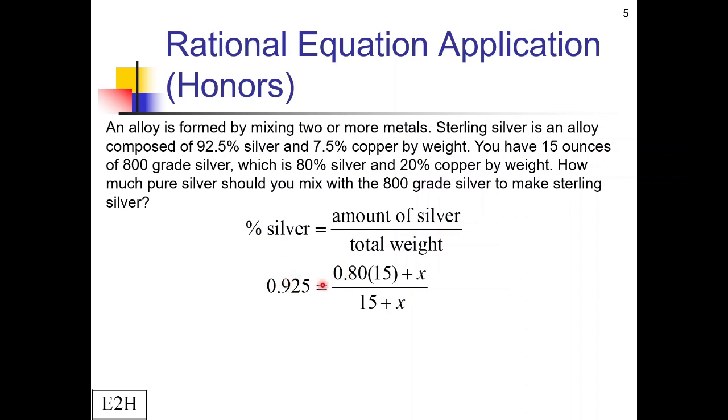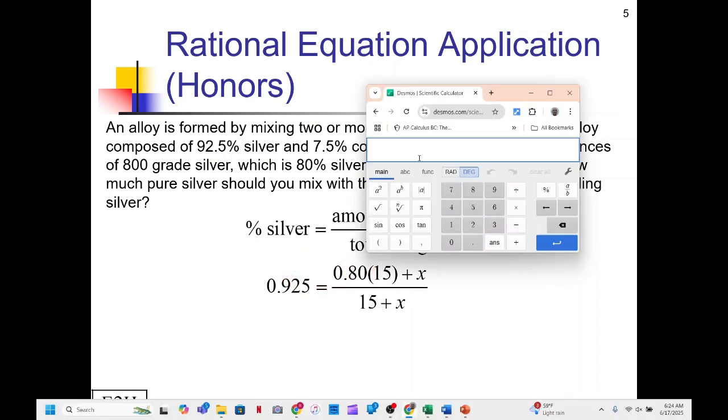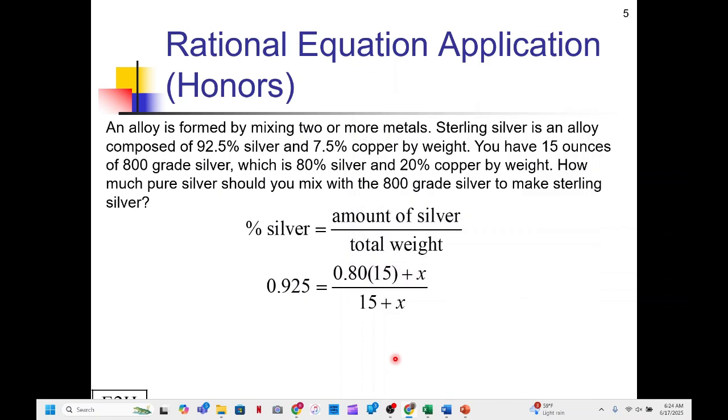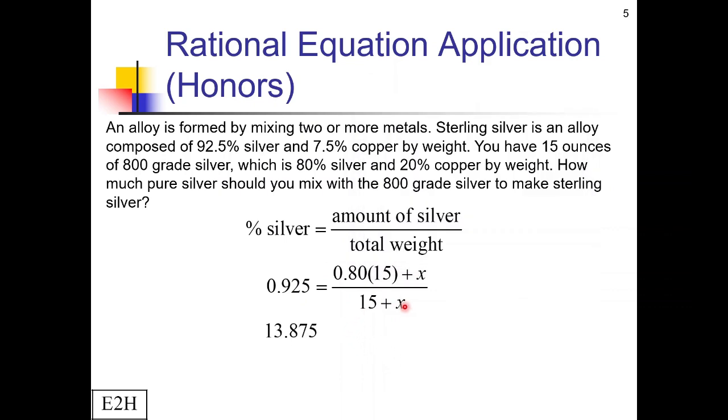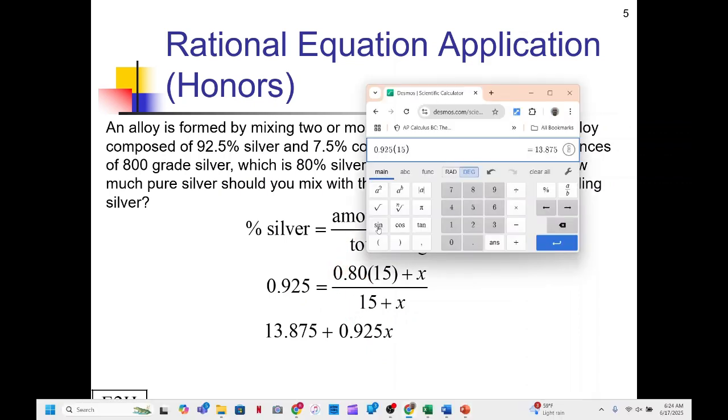And for that, I'm definitely going to take out my calculator. So we've got 0.925 times 15, and that's going to give us 13.875. And then x times that is just 0.925x. Over on the right side, 0.8 times 15 is going to be 12.